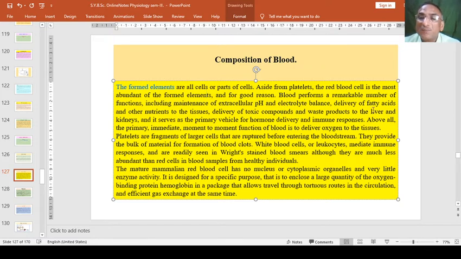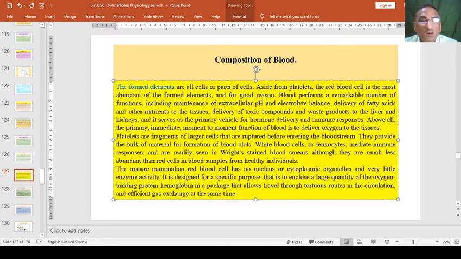Blood also delivers fatty acids and other nutrients to the tissues, and delivers toxic compounds and waste products to the liver and kidney. It also serves as the primary vehicle for hormone delivery and immune responses. As blood passes through the body, it supplies hormones, water and electrolytes, and simultaneously delivers immune responses.